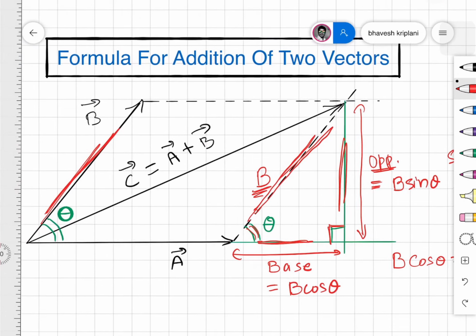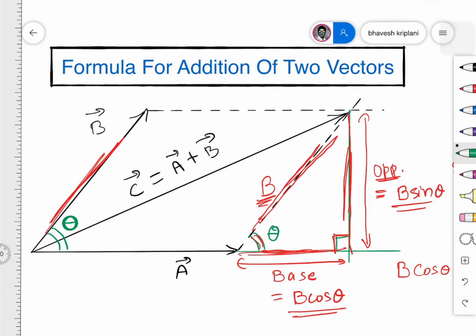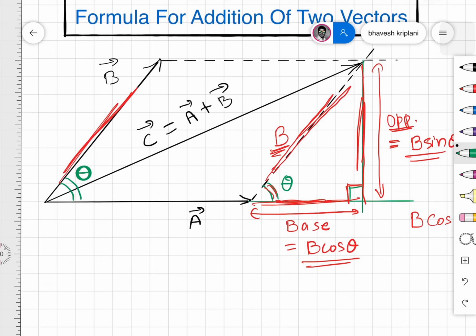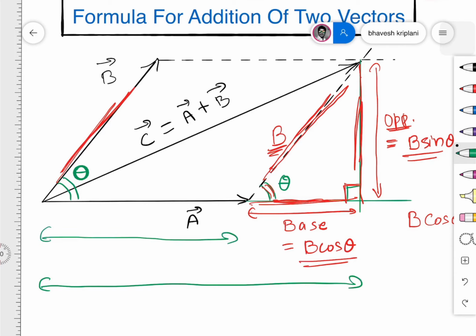So now we have this height equal to B sin theta, and we have this base length equal to B cos theta. Then this total length will be the sum of this length and this length B cos theta. So this total length will be equal to A plus B cos theta.